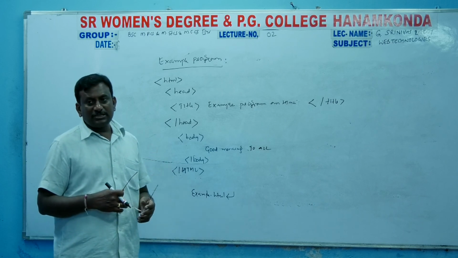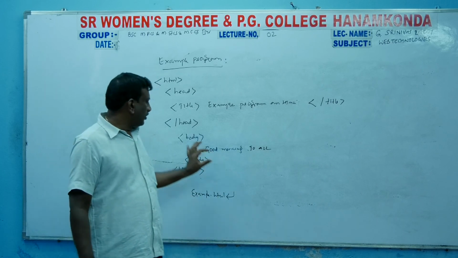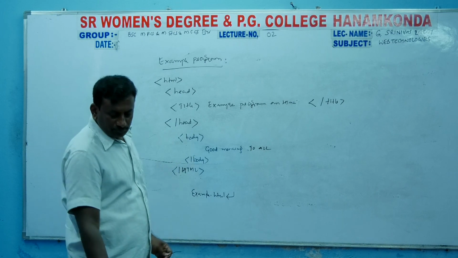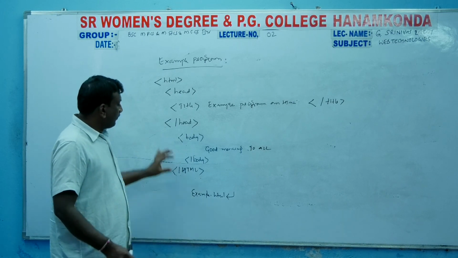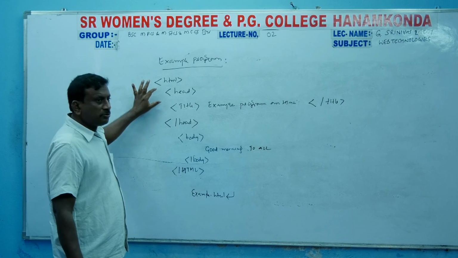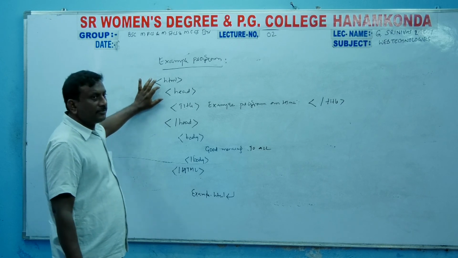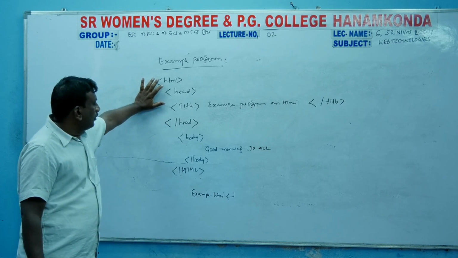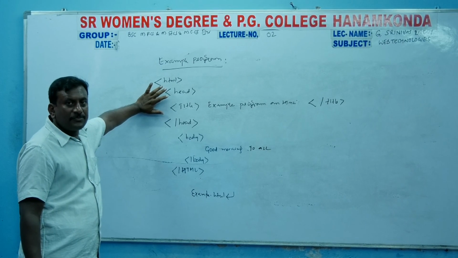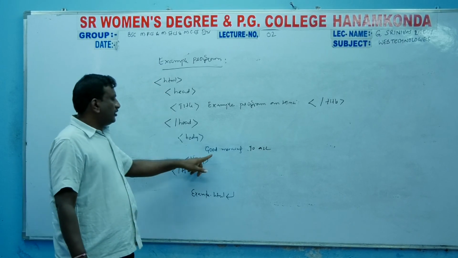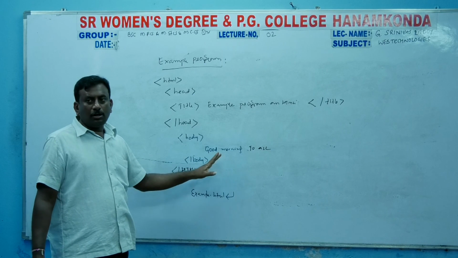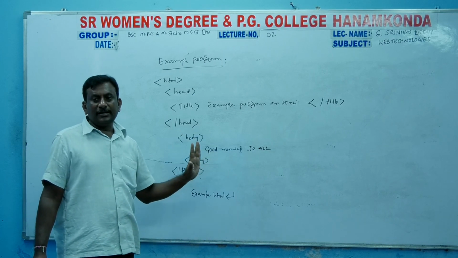If you want a particular color, you have to mention it. But if we do not mention it and simply say good morning to all, then simple normal text will be displayed.